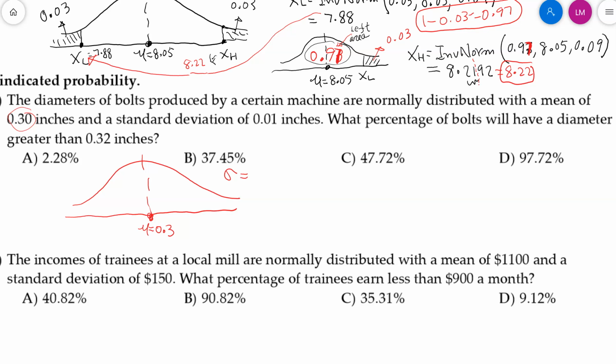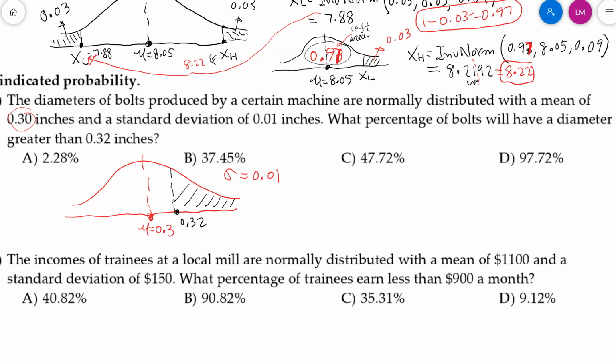Standard deviation is 0.01. 0.32 should be to the right because it's bigger than 0.3. So we are finding this probability.